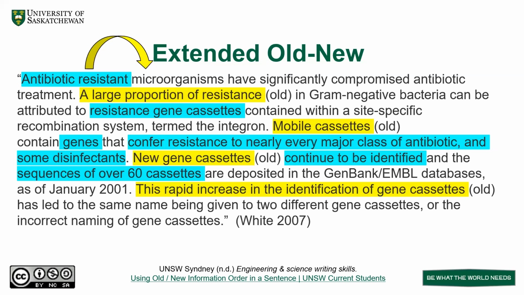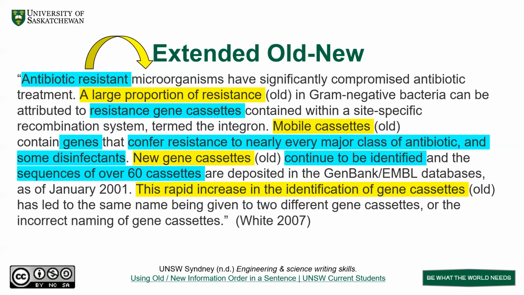So: antibiotic-resistant microorganisms have significantly compromised antibiotic treatment. A large proportion of resistance, so that is speaking immediately or very closely to information that came before, in gram-negative bacteria can be attributed to resistance gene cassettes contained within a site-specific recombination system, termed the integron.